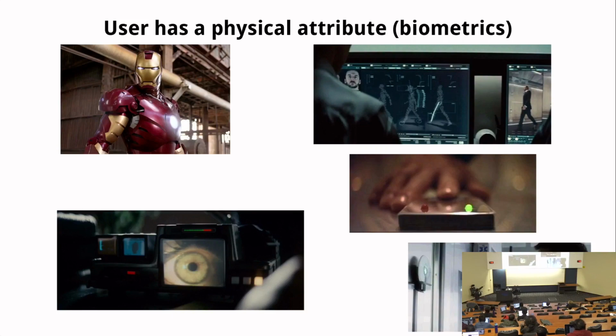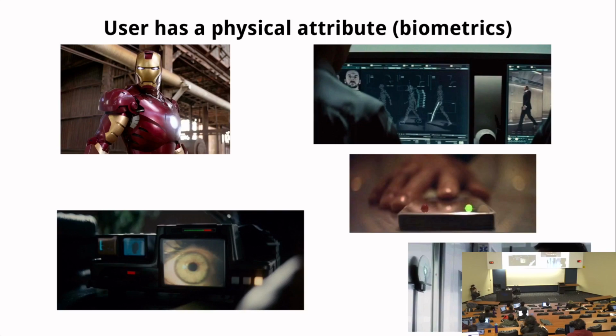How about this one? This one, left button. Anyone recognize this one? Which movie? No, not Matrix. Yes, that's Tom Cruise. That's an easy one. Yes, that's Minority Report. How about this one?